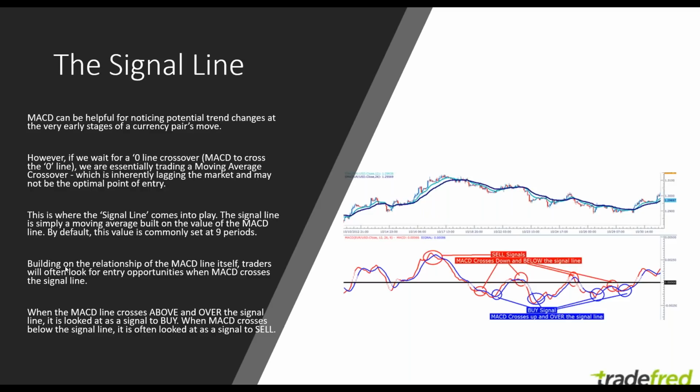When the MACD line crosses above and over the signal line, it is looked at as a buy signal. So basically, when we see this happening, it's a buy signal. When we see this happening, it's a crossover, would be a sell happening.